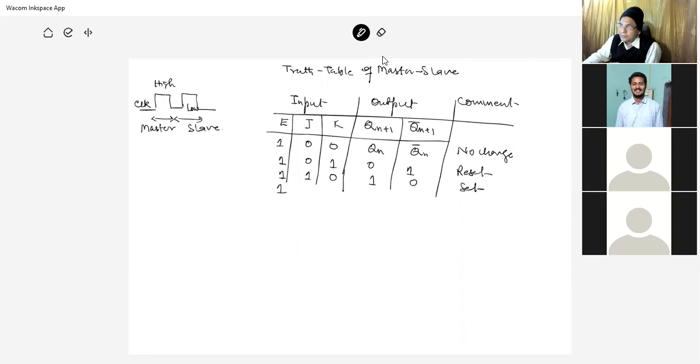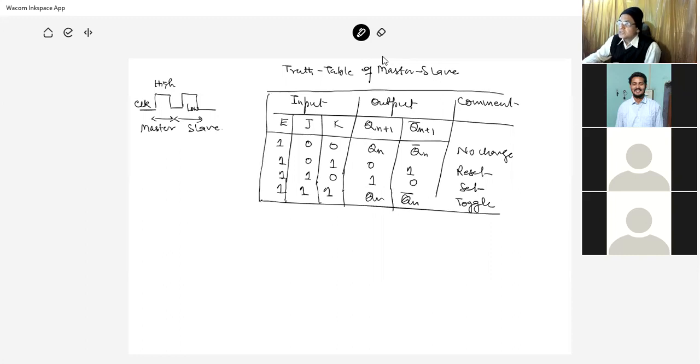And if all these are 1, this Qn, here it is Qn bar, then this is known as toggle state, indeterminate state. So this one is the truth table of master slave flip-flop.